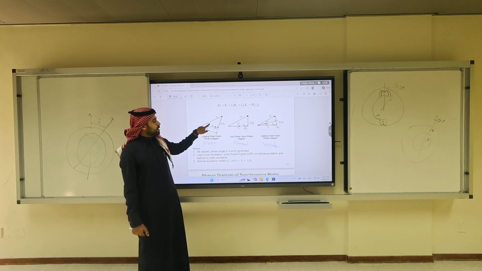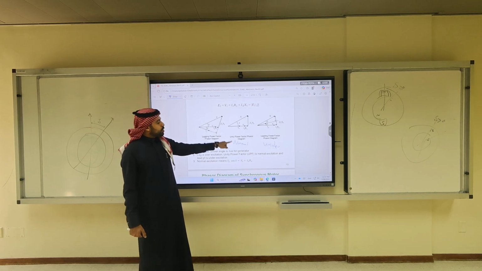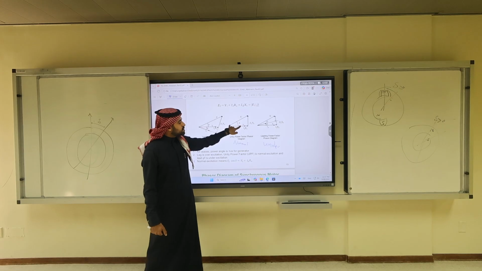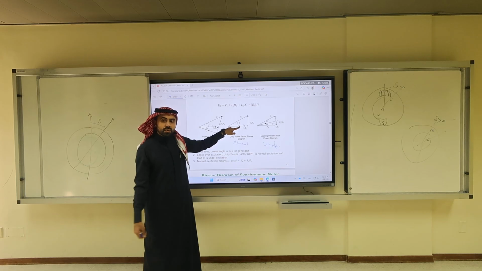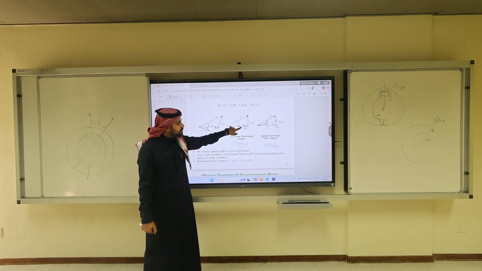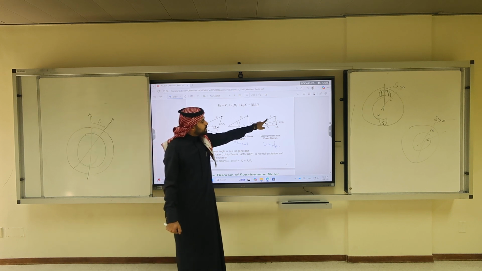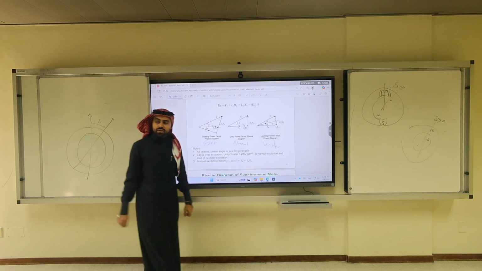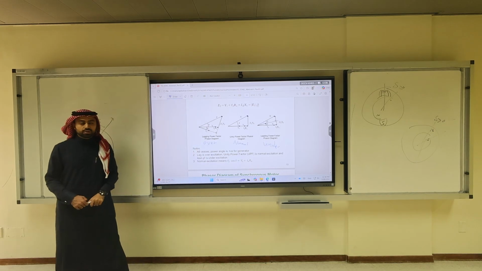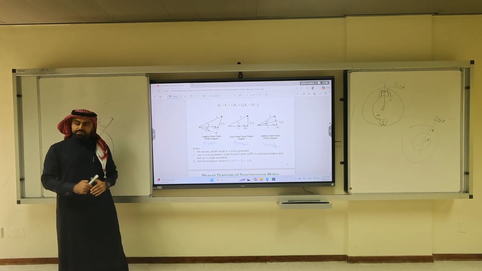No. E is larger. For the normal excitation, is E larger than V? Yes, it is larger. That was your mistake in the final. Voltage regulation is positive. EA is still positive. For the under excitation, EA sometimes becomes smaller than V. That's why you have a negative voltage regulation. It's under excited.